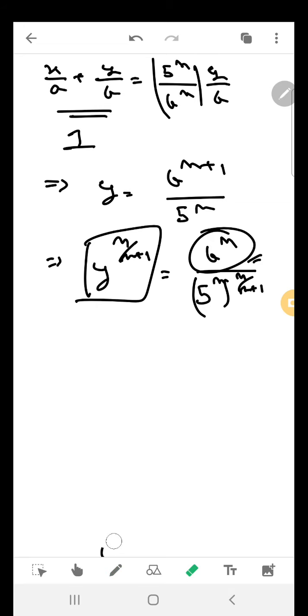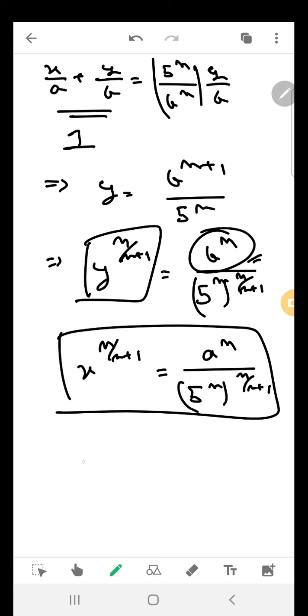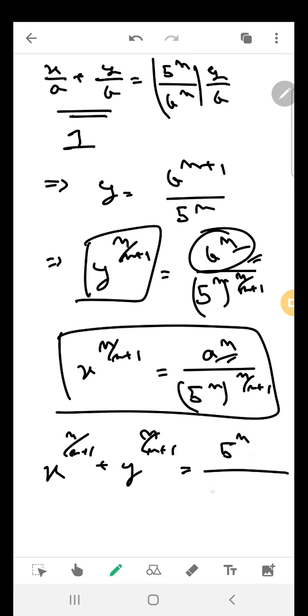Similarly, if we go by the same steps, we get that x to the power n over n plus 1 equals a to the power n over 5 to the power n times n over n plus 1. If we add these two equations, we get x to the power n over n plus 1 plus y to the power n over n plus 1 equals, since the two get added to give 5 to the power n, 5 to the power n over 5 to the power n times n over n plus 1.